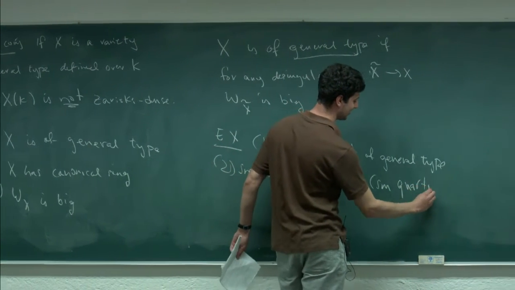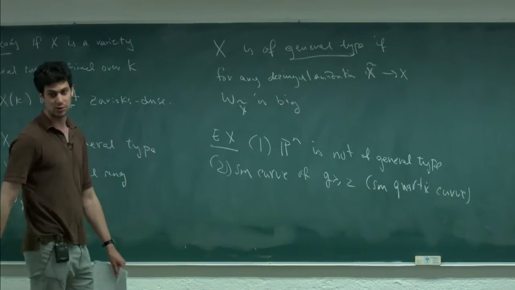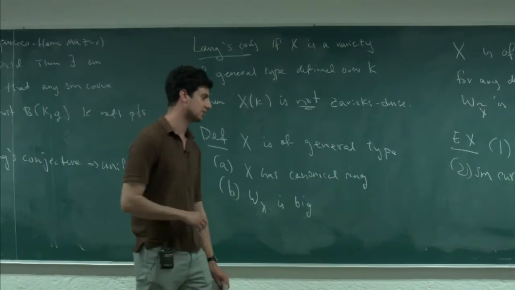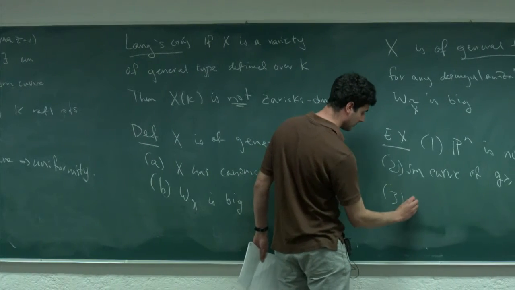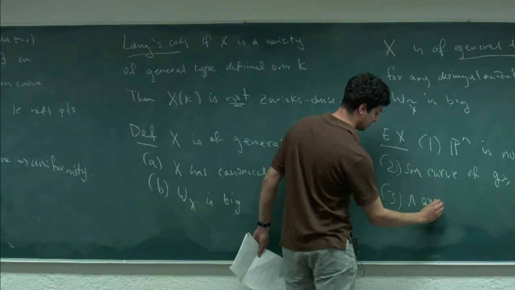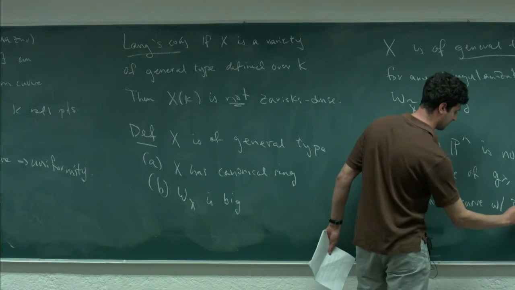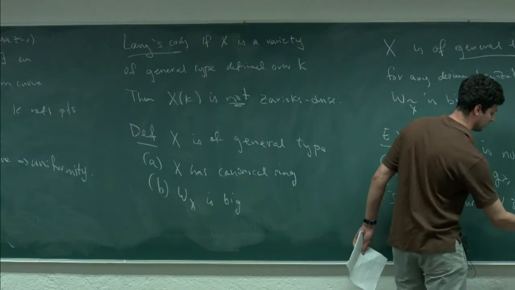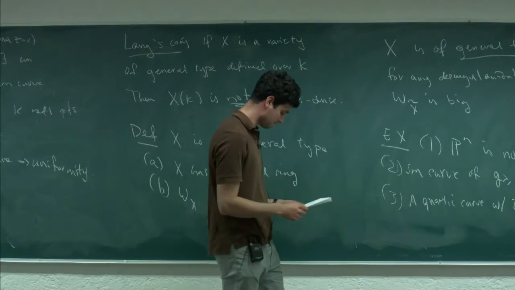This will be important later. Okay, but if I have a quartic curve with 3 nodes, then it's not of general type. A quartic curve with 3 nodes is rational. Okay, so the singularities are very important.